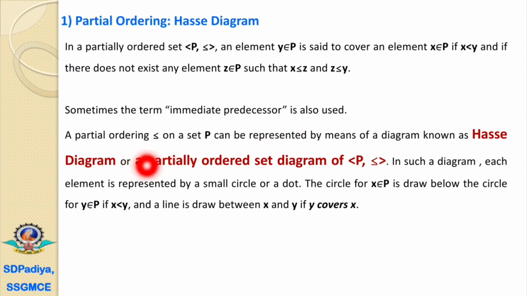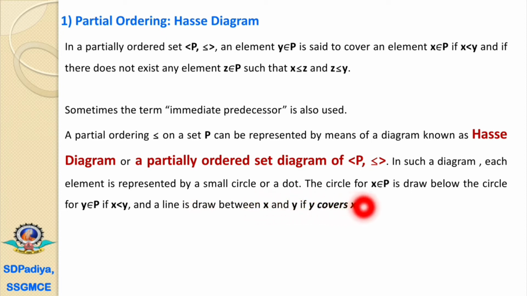A partial ordering on a set P can be represented by means of a diagram known as the Hasse diagram, or a partially ordered set diagram, of the partial ordered set (P, partial order relation). In such a diagram, each element is represented by a small circle or a dot.